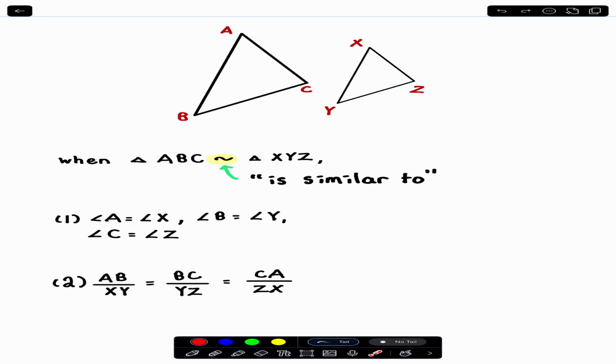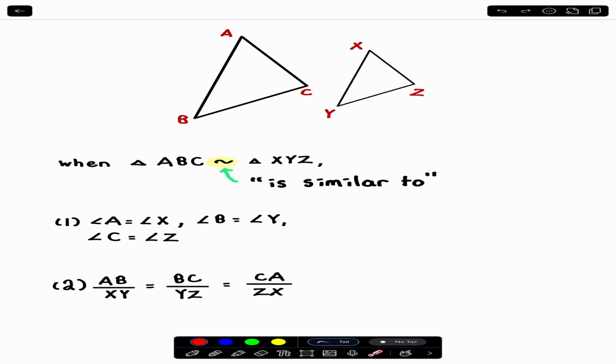So it's very important to write the order of the similarity properly. So that means writing our corresponding vertices with each other correctly. A with X, B with Y, C with Z. If I'm putting a lot of emphasis on that right now, that's because it's very important that you get this correct, because this similarity setup over here is how you're going to set up your ratios later on.